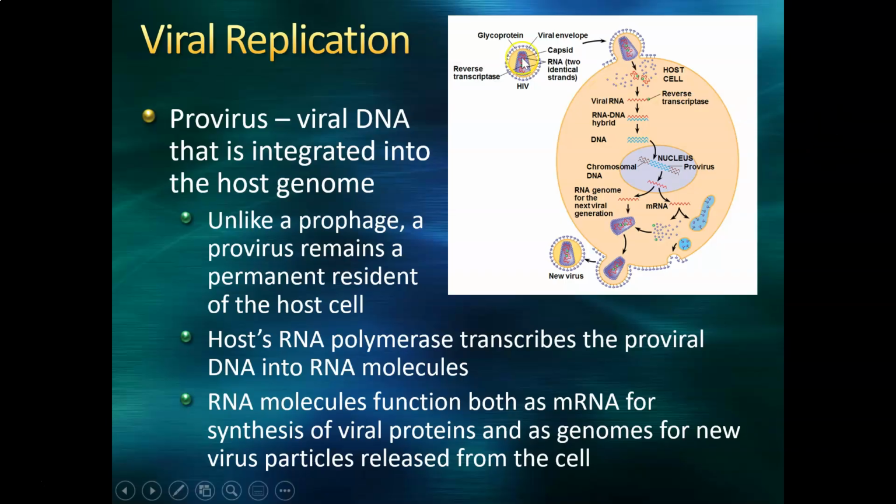So when we look at something like HIV that goes and infects, uses that reverse transcriptase to make a copy of DNA of its own genetic information, once it gets incorporated into the host cell's DNA, we talk about it as a provirus. And then it is that proviral DNA that is being transcribed and then translated to make more HIV viruses, or any virus that would work in the same pathway.